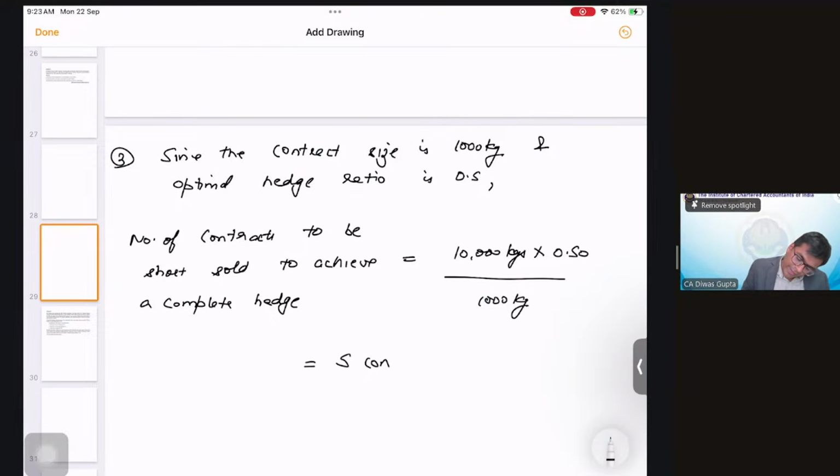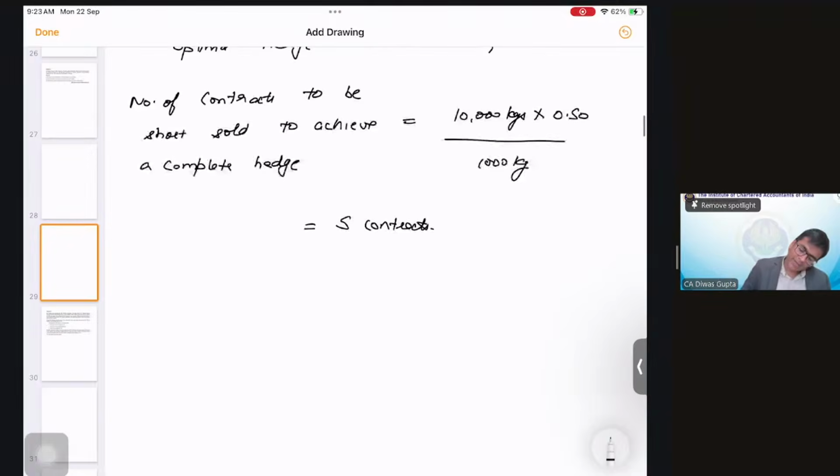Which is actually 5 contracts. So this is first part.